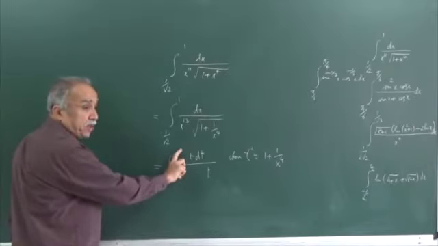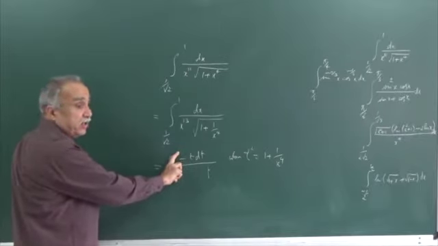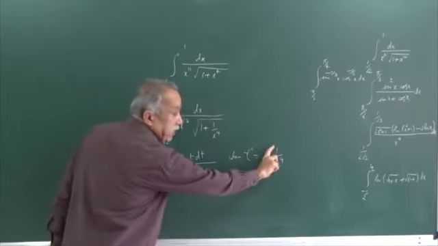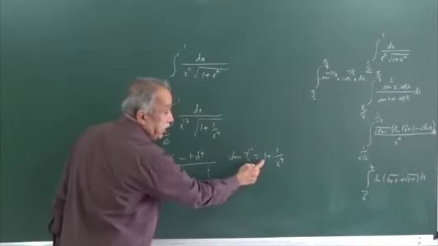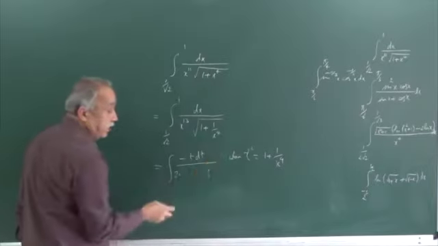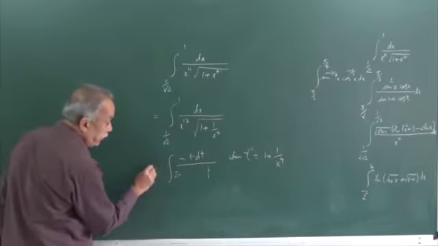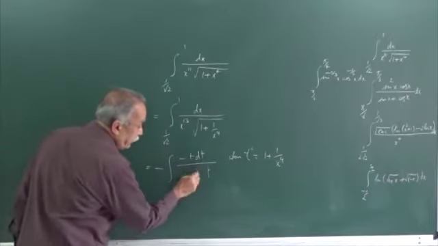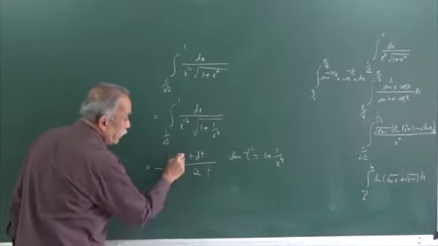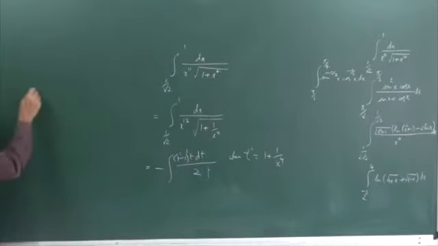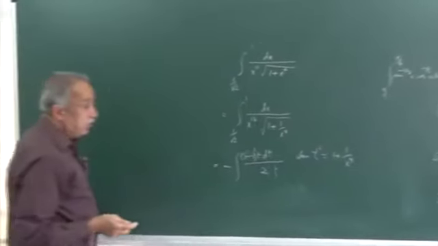For the whole fraction, 1 by x to the power 8 is the remaining factor requiring replacement in terms of t. What is 1 by x to the power 8? Simply t square minus 1 whole square. This is to be written in numerator now. I find the integrand to be a very simple function.